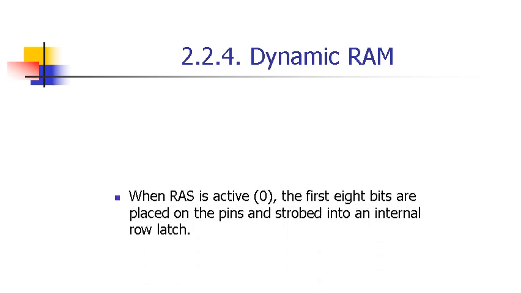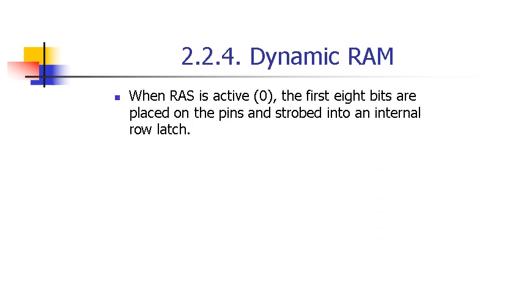Okay, the dynamic RAM, all right, again, when the row address strobe is active, provided by a 0, the first 8 bits are placed on the pins. This will access a row.